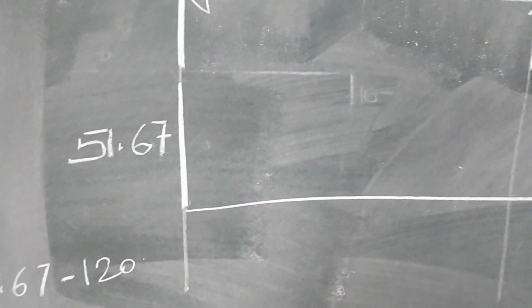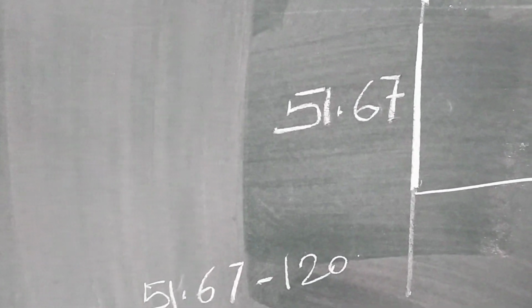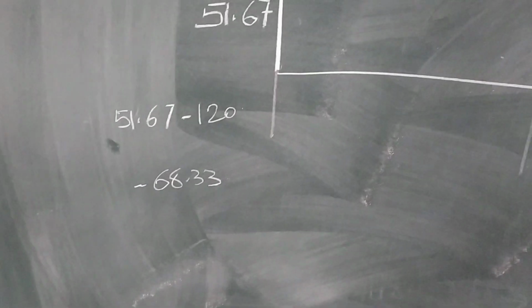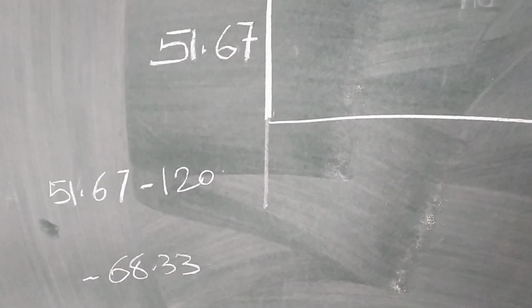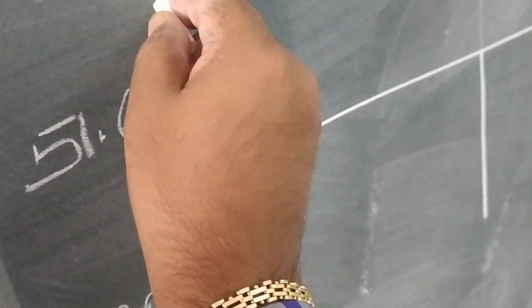So the inclined line goes down to minus 68.33. Where is minus 68.33? Here. Join these 2 points with an inclined straight line.